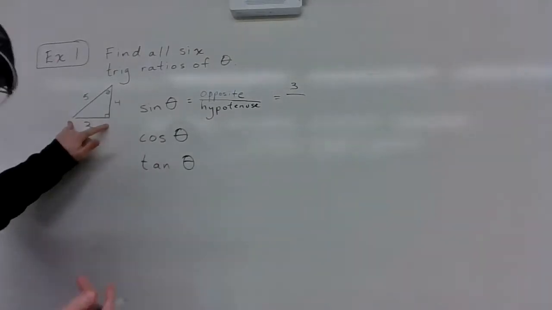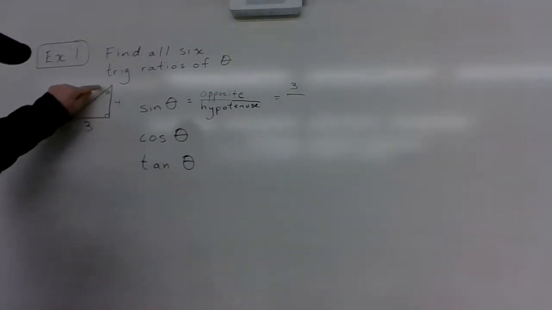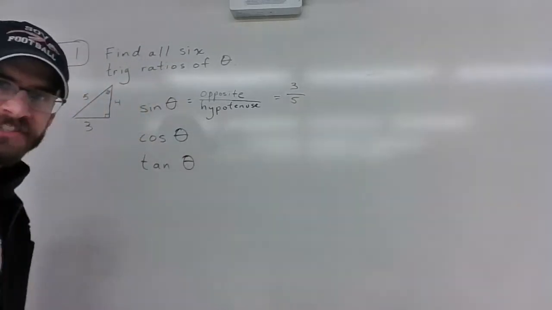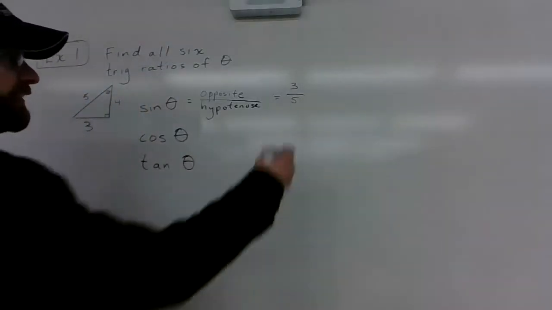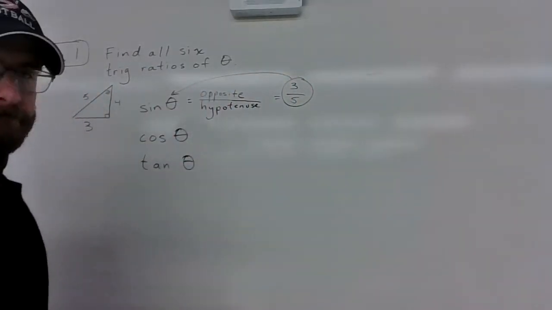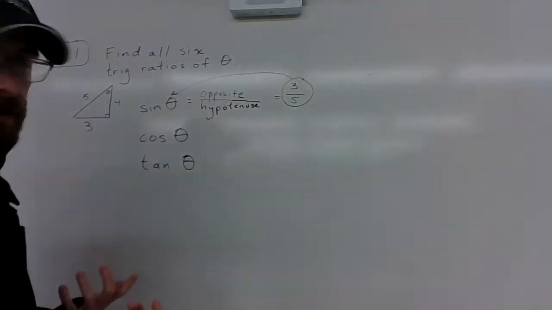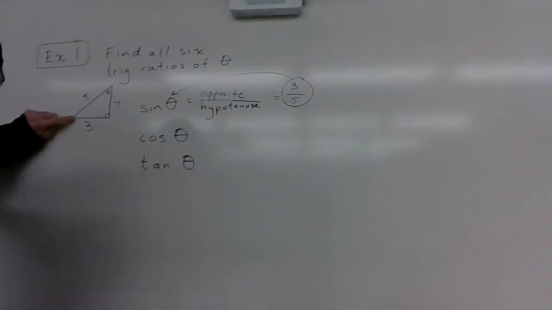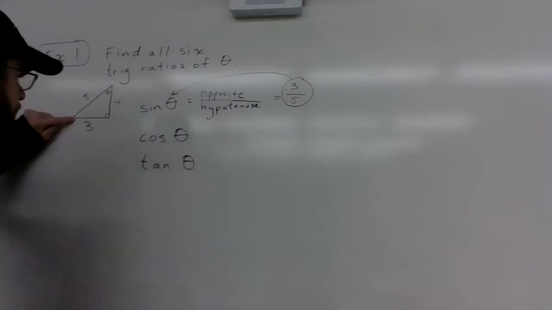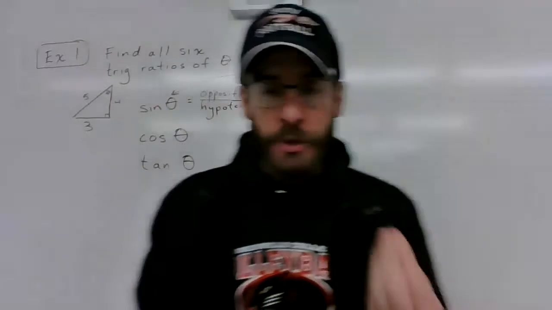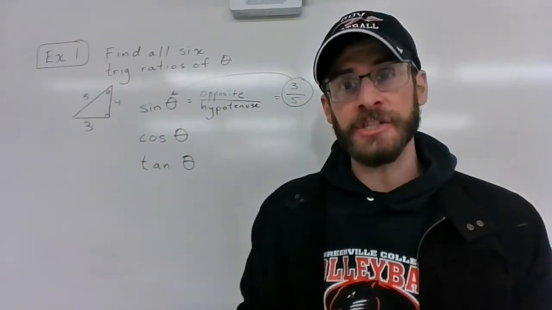The hypotenuse is always going to be the diagonal, so it's going to be 5 right here. And there you go. The sine of theta equals 3/5. That is the value when you take the sine of that angle. Now keep in mind that if I put theta down in this corner, then the sine would be 4/5. So it really does make a huge difference what angle we're actually talking about.